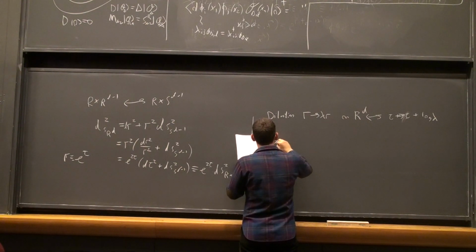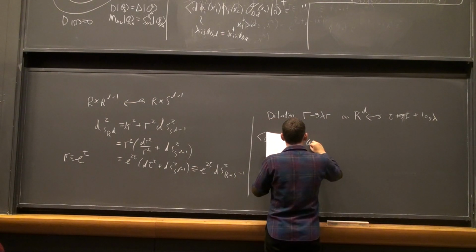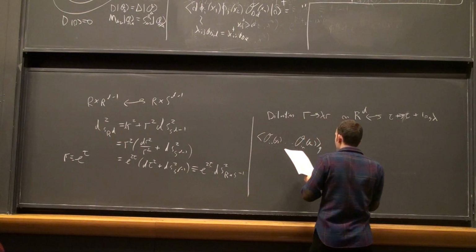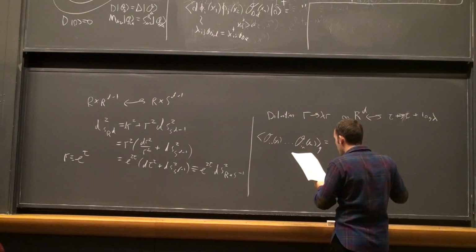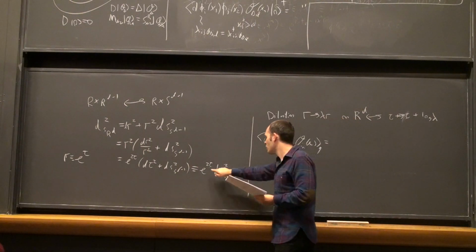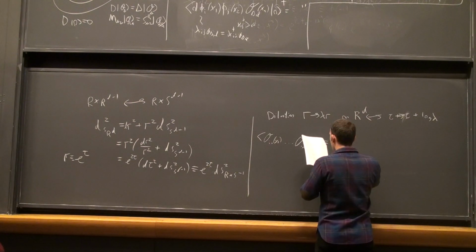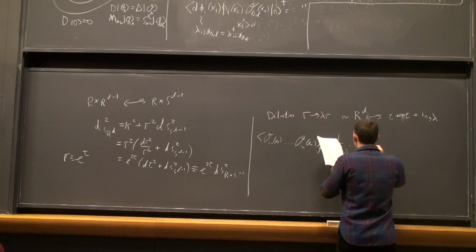So imagine we have a bunch of operators in various representations of the rotation group, defined on a space-time with a certain metric g. Then after we do any kind of general conformal transformation, or in particular a Weyl rescaling omega, where omega is e to the 2 tau, what happens to the correlation functions is that you get a bunch of these space-time factors omega, which in our case is just e to the 2 tau, to the power of the scaling dimensions of the various operators we have.